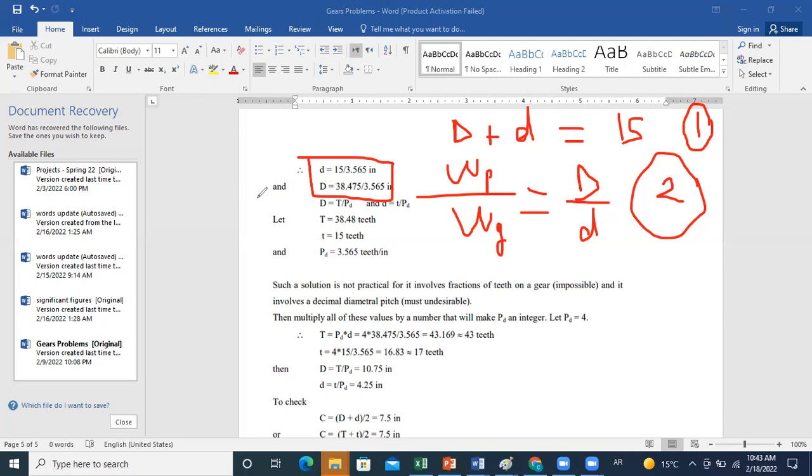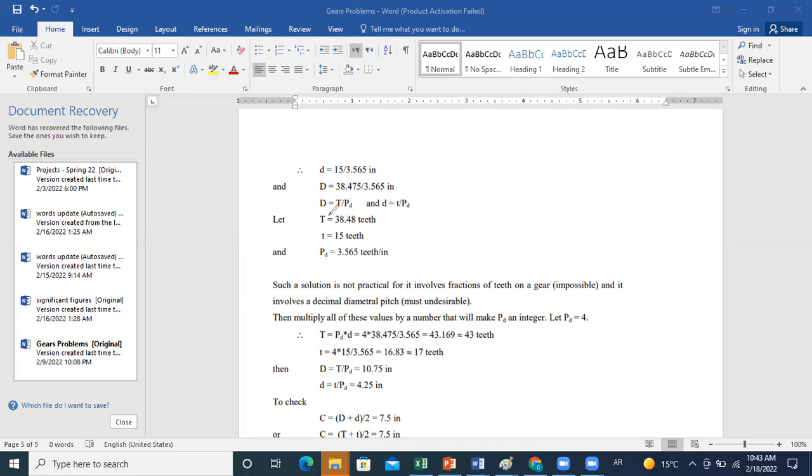Okay, so first we know that in this problem, you can get from the formula between diametral pitch and number of teeth that d is equal to the number of teeth over the diametral pitch.